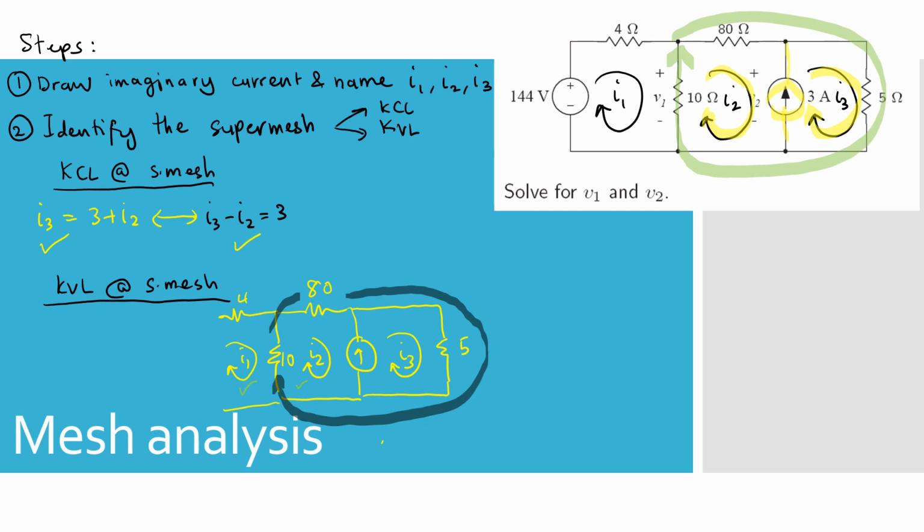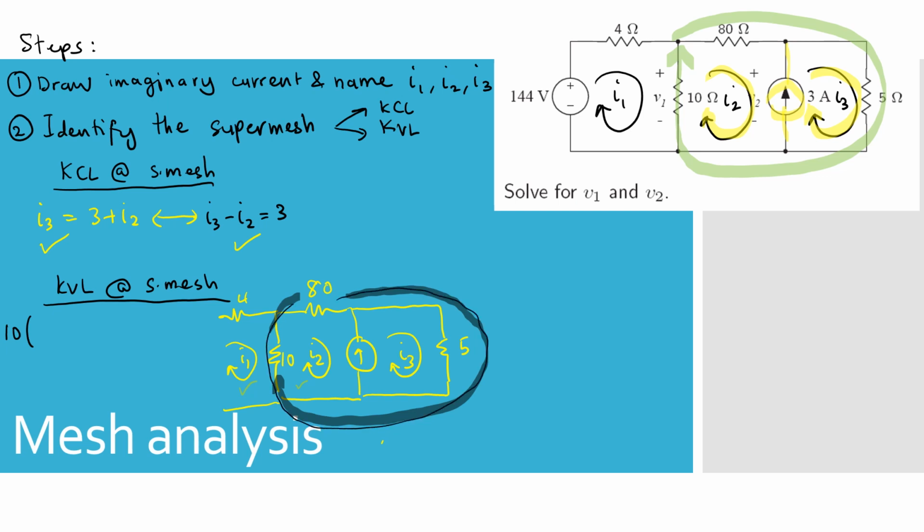The resistor value is 10, so we can put a 10 here, into the loop we focus on first, which is I2, because the boundary is here, right?